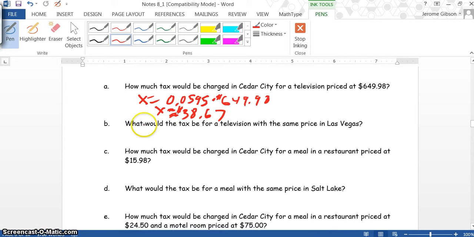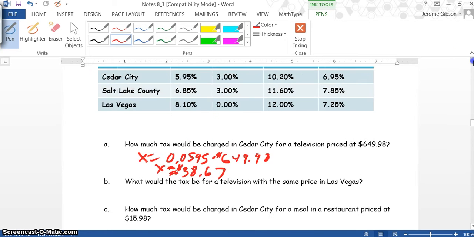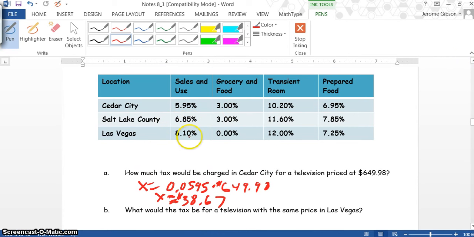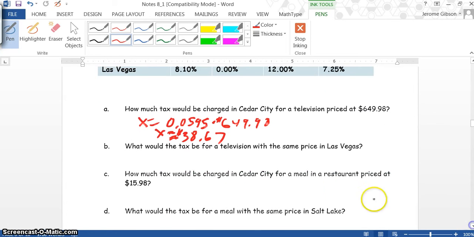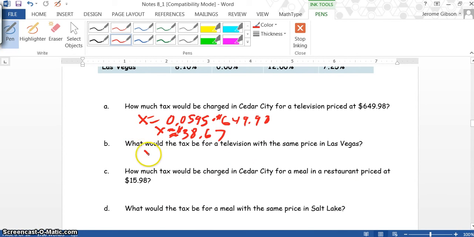Okay, now it says, how would the tax be for a television with the same price in Las Vegas? So Las Vegas for a television, it'll be 8.10%. So we would take this same value. We had X is equal to, it was 8.10%, so it'd be 0.0810 multiplied by $649.98.